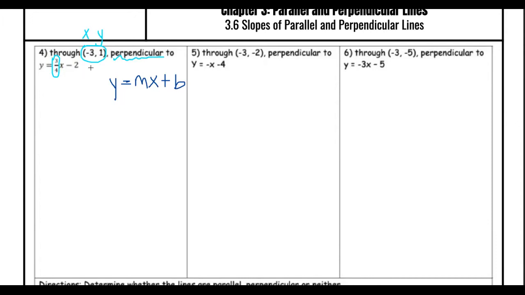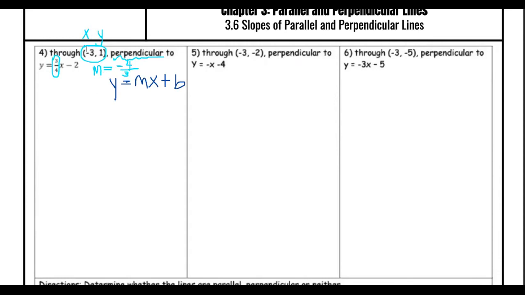We need to do the negative of it, right? This positive, we need to do the negative. And we need to flip it so it will become 4/3. Okay, so the slope we need to use in this problem is -4/3. That's what we need to use.